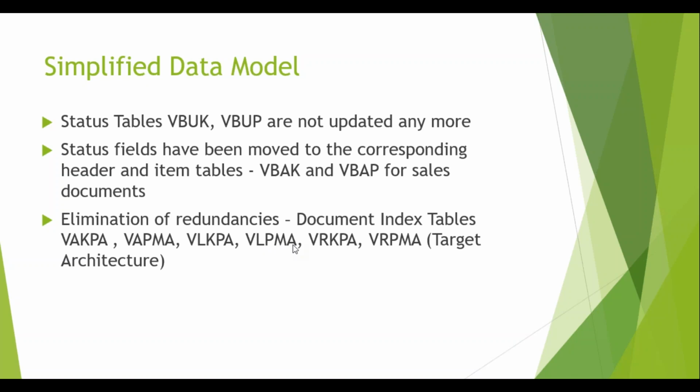VRKPA is billing header information according to partner function, and VRPMA is billing line items according to material. So today there are 6 such tables which are unnecessarily holding redundant data, even in 1610. This is planned to be deleted in future.